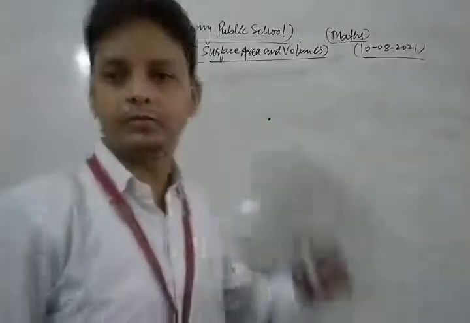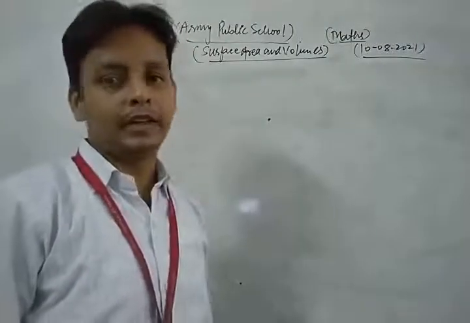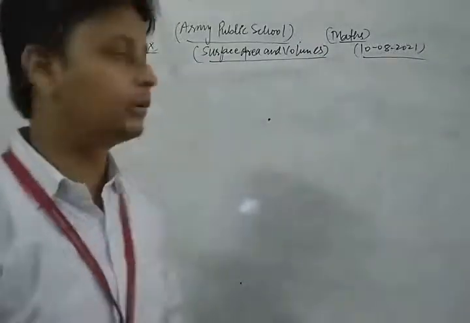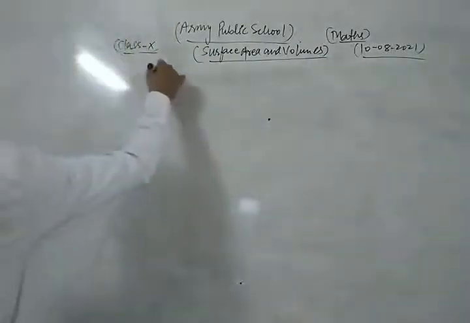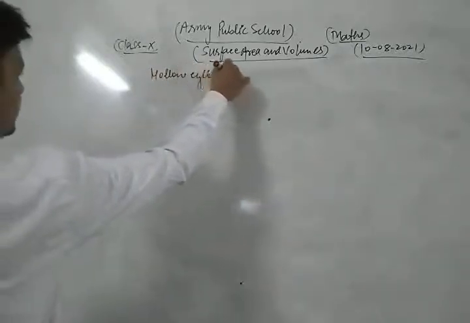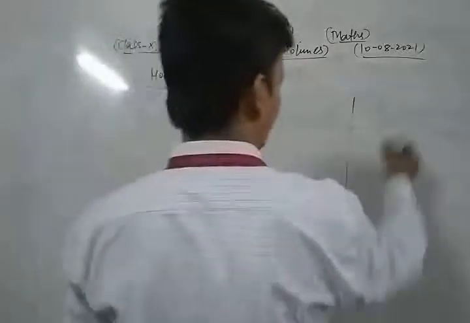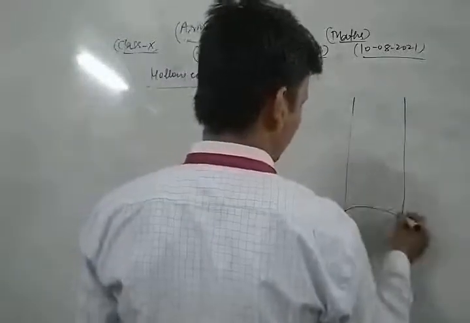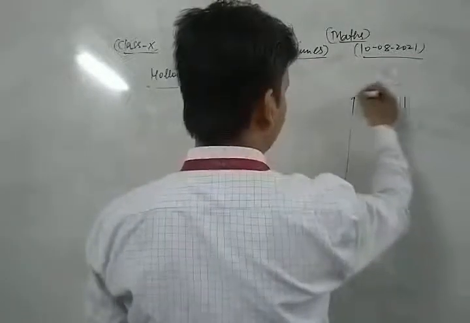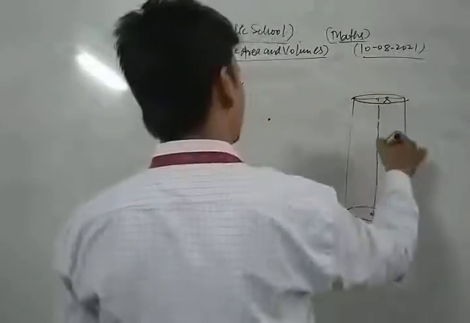Now look, dear friends, we discuss the formula for the hollow cylinder. Look at the shape of the hollow cylinder; we draw it in this way. This is a cylinder with a radius r, and this is the height.